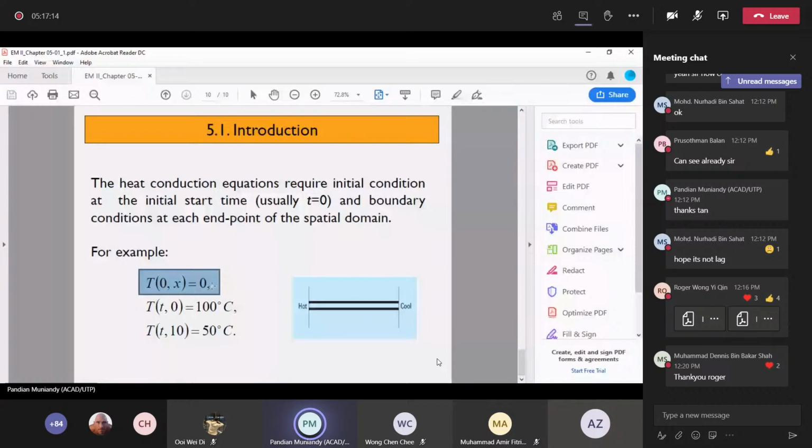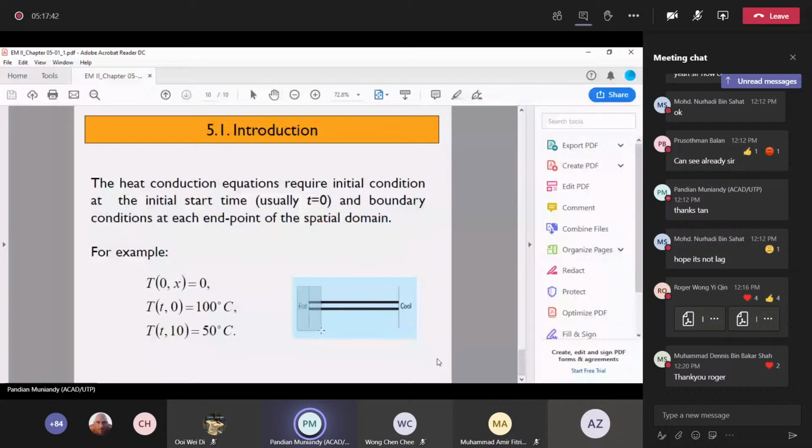And the boundary condition is different. You have an initial condition as well as a boundary condition at each end point of the spatial domain. Spatial means the x values are given. The temperature at time t at 0 distance is 100 degrees, hot.